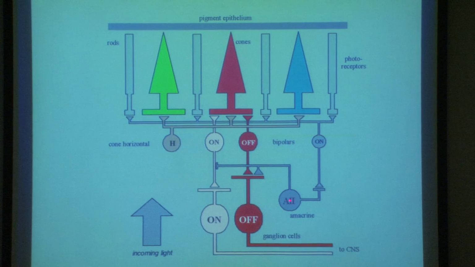Now that amacrine cell connects to ganglion cells in two different ways. It makes a gap junction connection with the on bipolar cells, and it makes a glycinergic synaptic connection with the off ganglion cells. So let's label this.